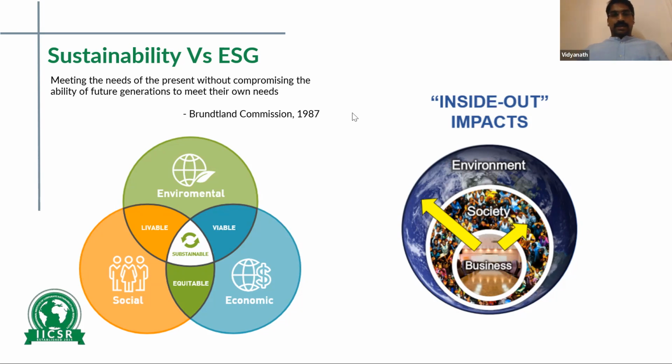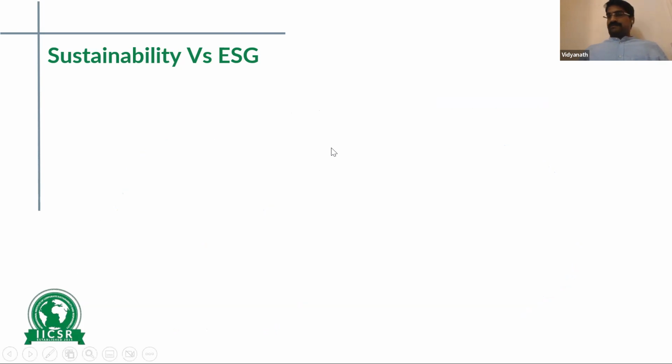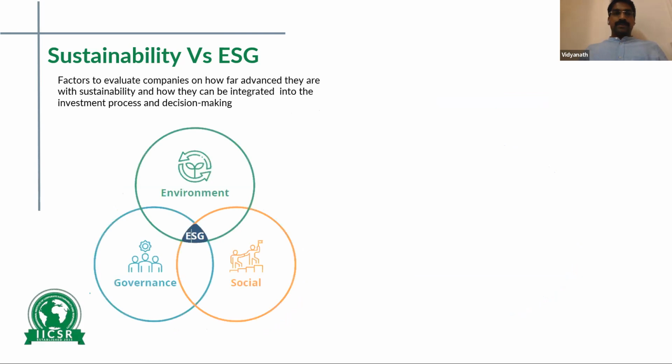Now let's go to the concept of ESG. We have three pillars again: environment, social, and governance. And how is ESG defined? There is no official definition of ESG as such, but in general, ESG is a factor that helps evaluate how mature a company is in its sustainability journey and how they can integrate it in their business operations.